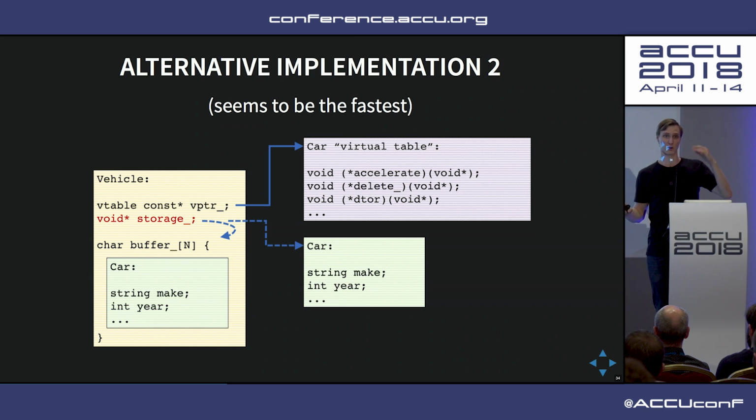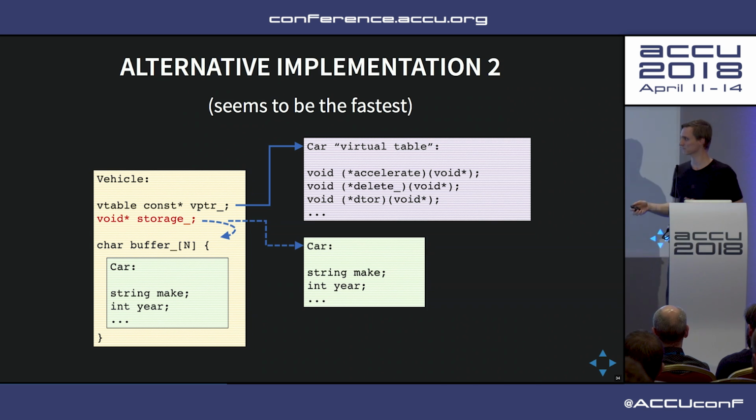But the pointer either points right after itself into the small buffer, or it points somewhere on the heap. So that way the dispatching is very trivial. When you want to dispatch, you just follow that pointer all the time. But what you don't know is whether the pointer might be leading you somewhere on the stack, somewhere on the heap, or right after the pointer itself. Okay? And so far, I think this is the best I've seen.